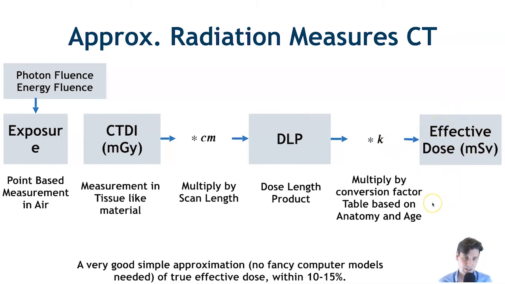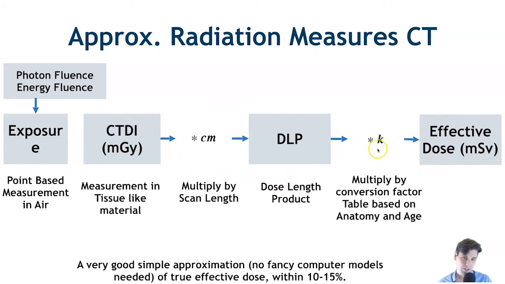Now this is much simpler than running a computer program where you take the CT volume, you segment out all the organs, and you calculate the dose delivered in all the organs through sophisticated simulations. It's much simpler. All we're doing is multiplying two numbers together, right?